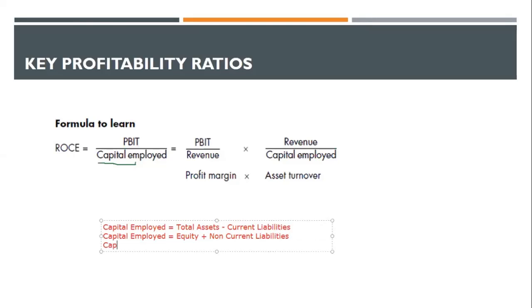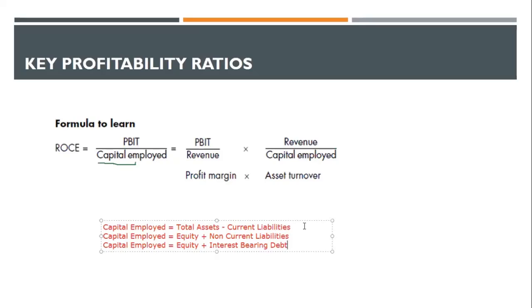It will depend on the data which has been given to you in the question. I can write down one more, but then it will confuse you. Total assets minus current liabilities, or equity plus non-current liabilities, or equity plus interest-bearing debt.